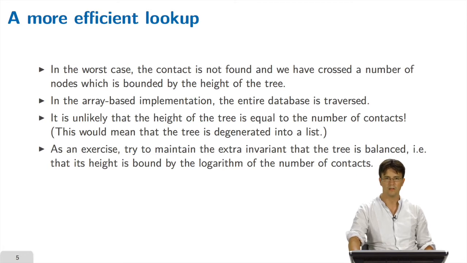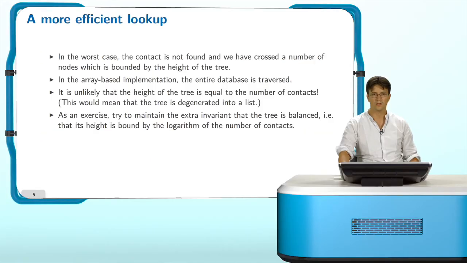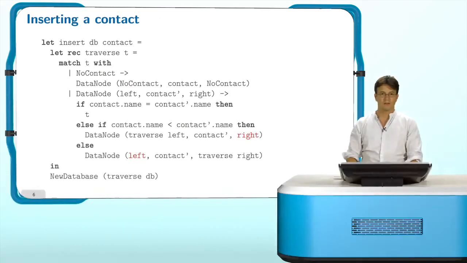Otherwise, this would mean that the tree has degenerated into a list. But in fact, it is possible to enforce the invariant that the tree is balanced and that the height is bounded by the logarithm of the number of contacts. So this lookup function can be made logarithmic in the size of the database, which is very efficient compared to a linear complexity search.